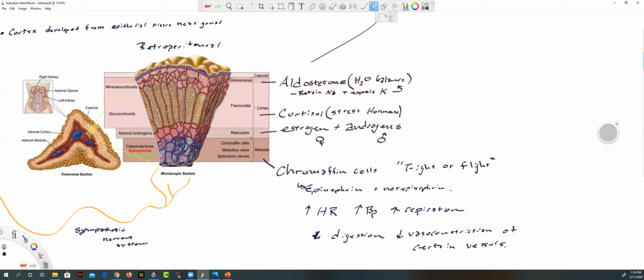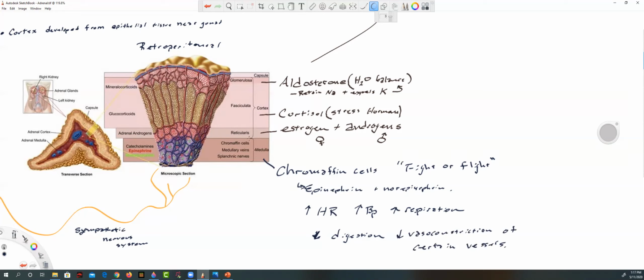You don't need blood going through to the intestines at the moment. You need blood going to your muscles, your leg muscles, you need to expand. You need more blood for all of that. You need to increase your blood pressure because that helps you from passing out. So that's all created by the medulla.